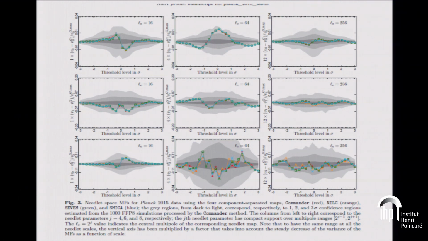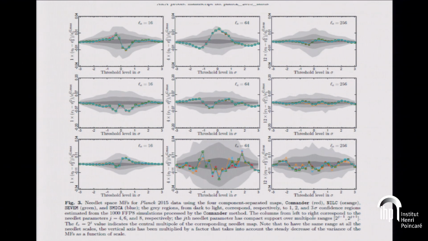It looks like the halos are of the same magnitude, but they're not, because the scaling factors on the y-axis are different. There is a factor 1 here, 4 here, 12 here. So when you go to higher and higher j, the confidence bands become narrower and narrower, more and more concentrated, okay? In this sense, you beat cosmic variance. You get tighter and tighter constraints on the needlet filtered maps.